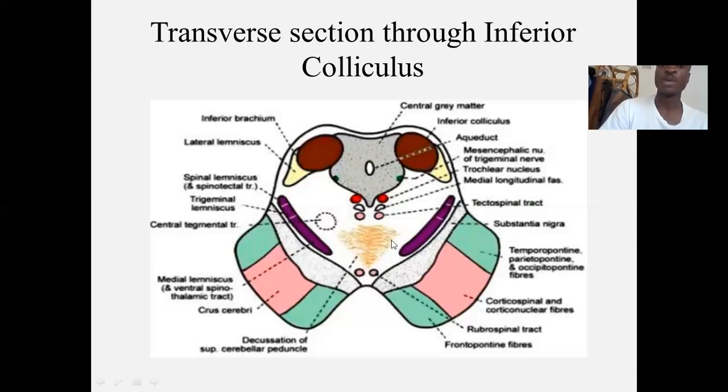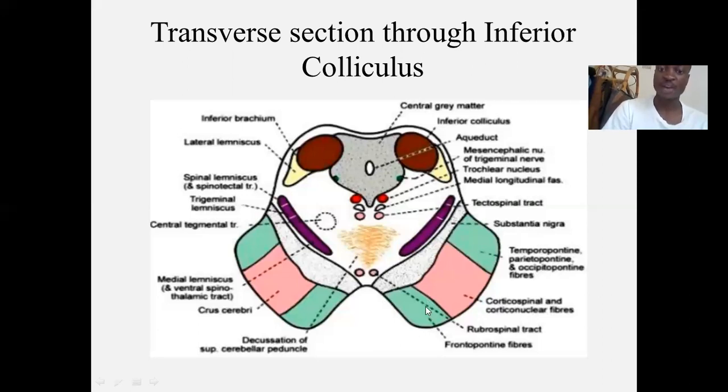And that's also where you'd expect to have the anterior or the ventral spinocerebellar tract now entering into your superior cerebellar peduncles.